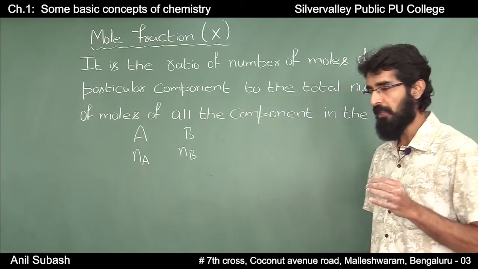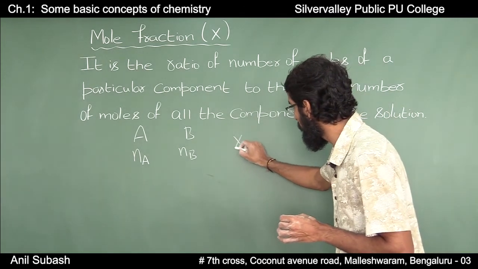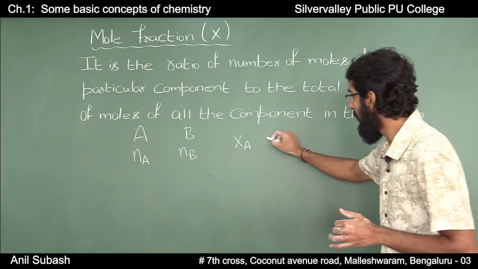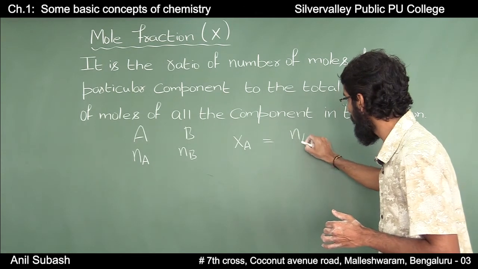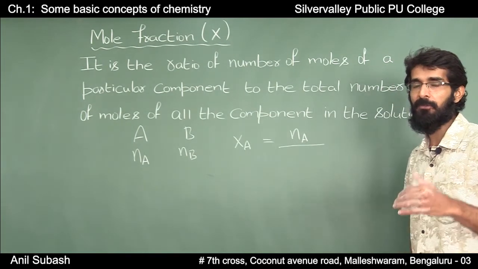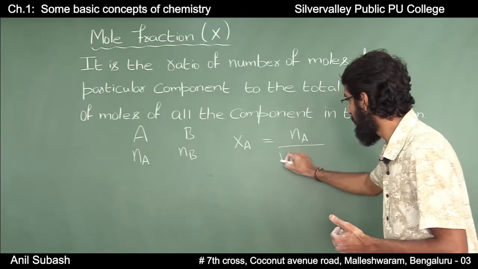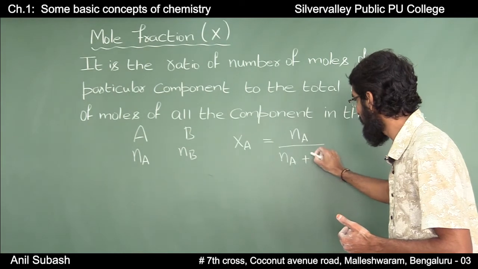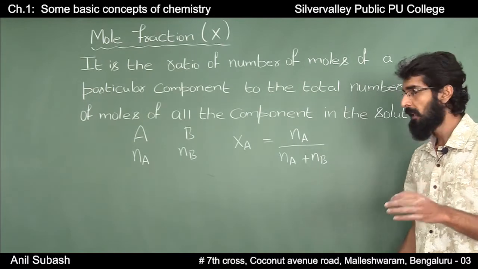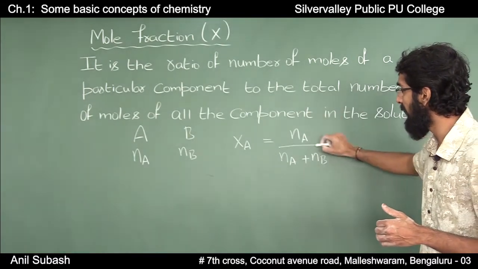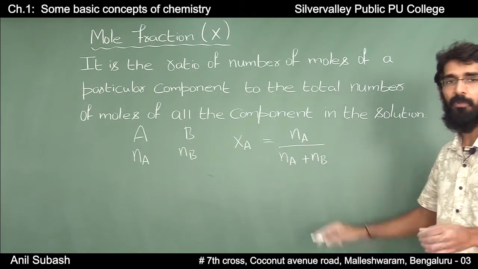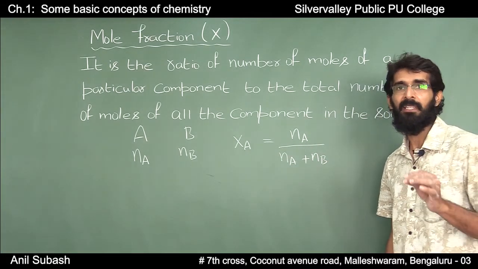Now, mole fraction of component A, which is denoted by Xa, is given by number of moles of component A by the total number of moles of all the components, that is number of moles of component A plus number of moles of component B. According to the definition, it is the number of moles of that particular component to the total number of moles of all the components in the solution.